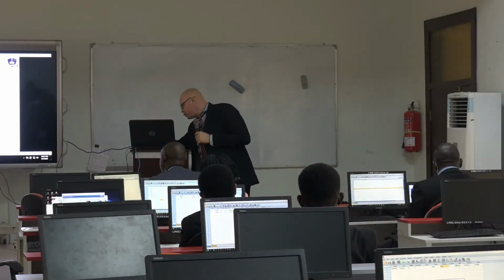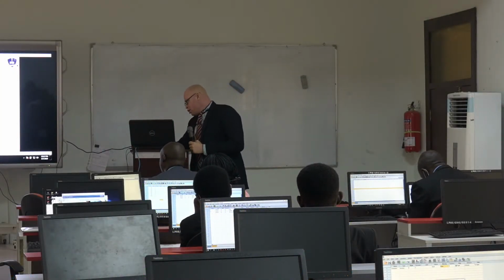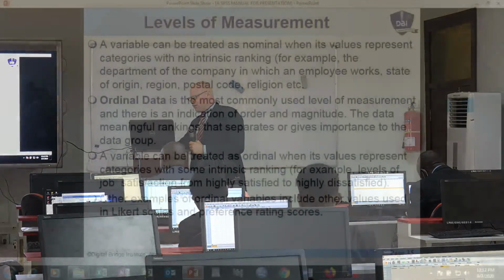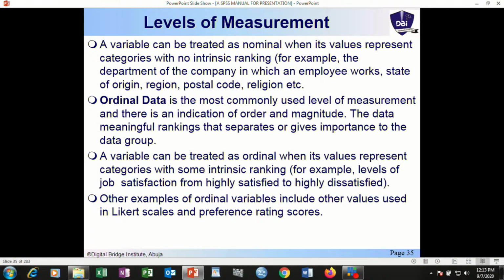So let's continue. Don't worry about the levels of measurement. All those are controlled by what you have. Ordinarily, if it's questionnaire design, you can't expect me to have 5 decimal places. You understand?